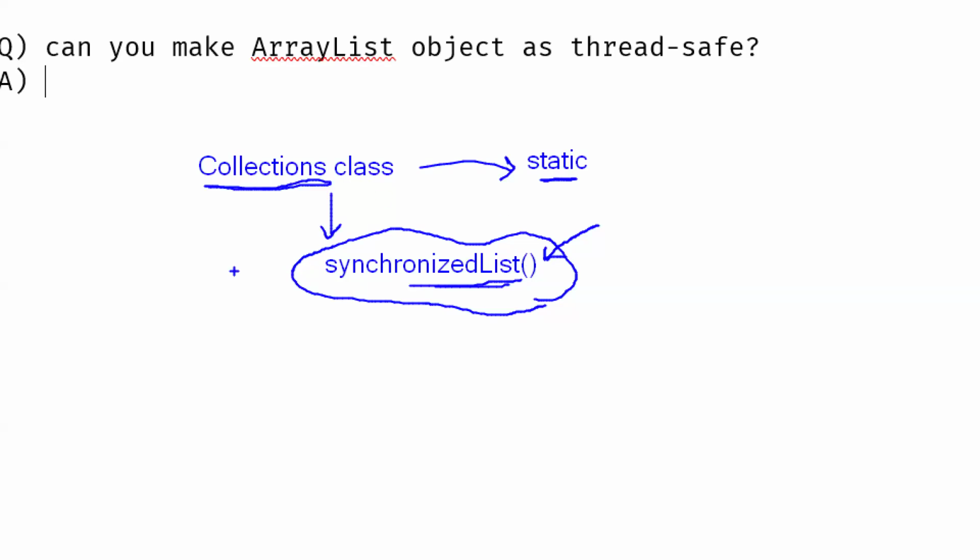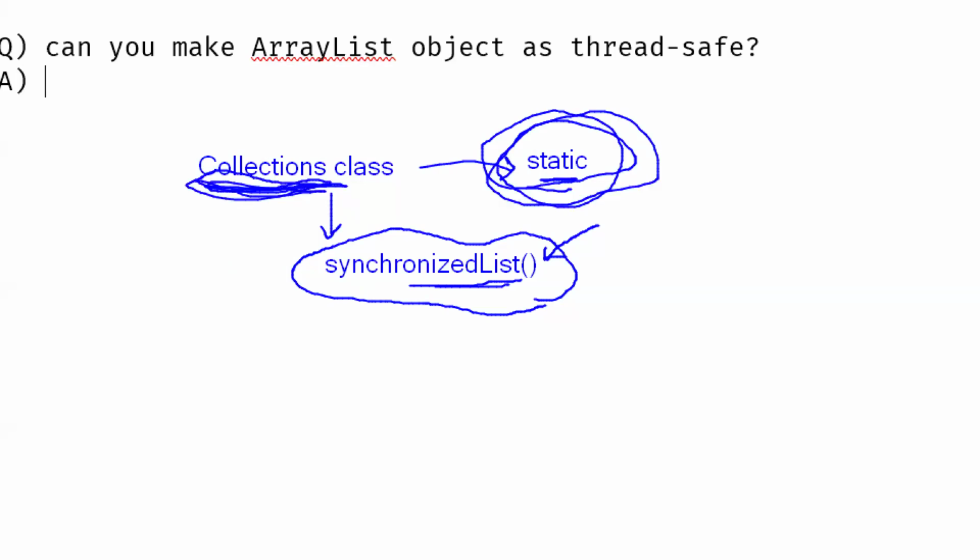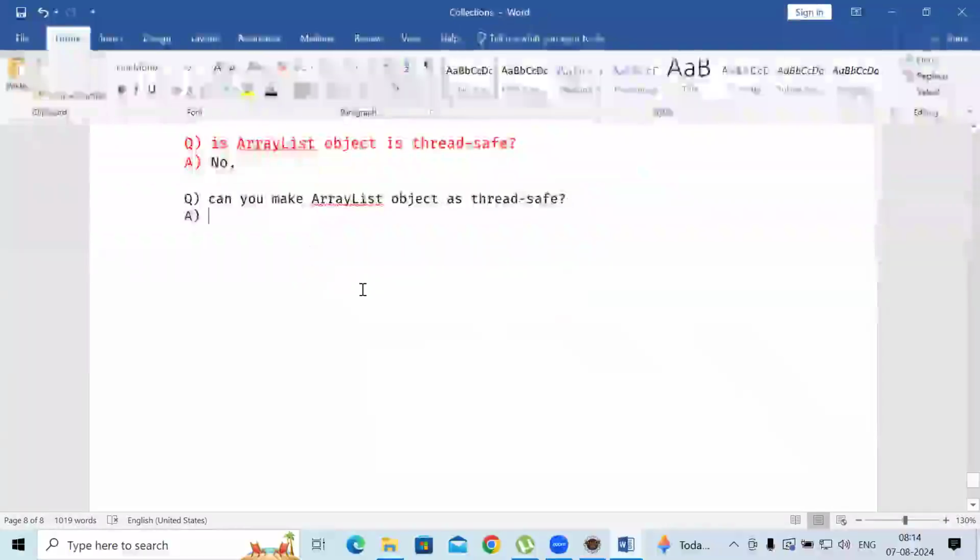The synchronizedList method of the Collections class. So how do you call it? By using the class name, Collections.